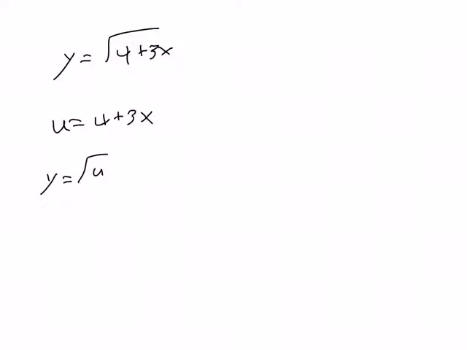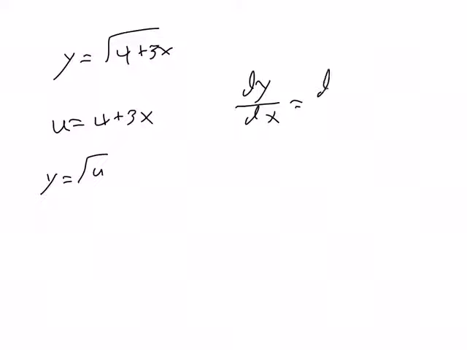Similarly, if we use Leibniz's notation, again we have y is equal to the square root of 4 plus 3x. So let's take u equal to 4 plus 3x, so then we have y is equal to the square root of u. Now let's find dy in terms of dx.